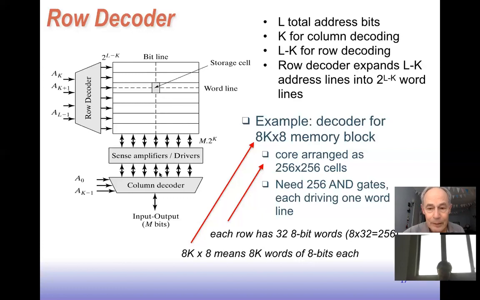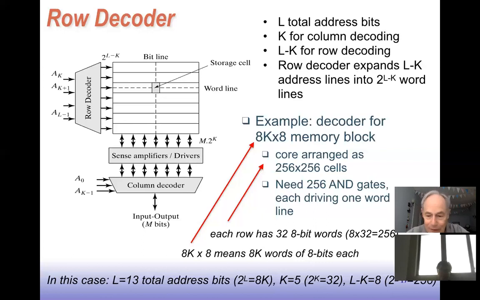So that means this 2 to the L minus K number would be 256. Here's some more details. In this case, we'd have 13 total address bits because that's what we need in order to address one of 8K words. 13 is log base 2 of 8K.